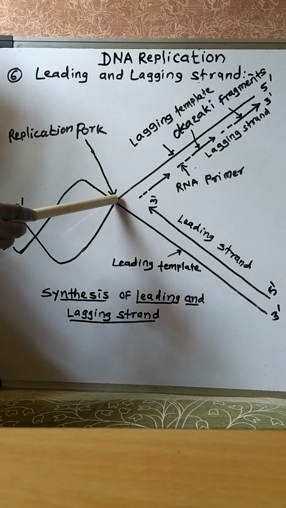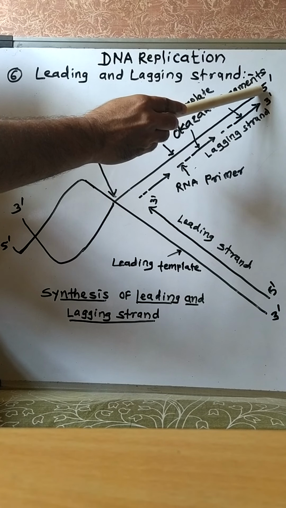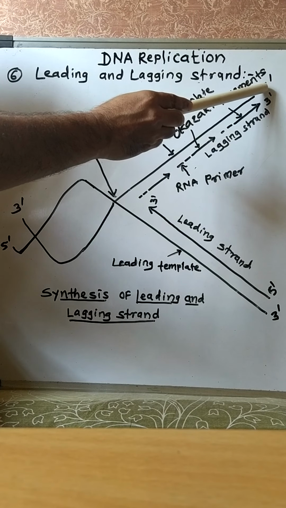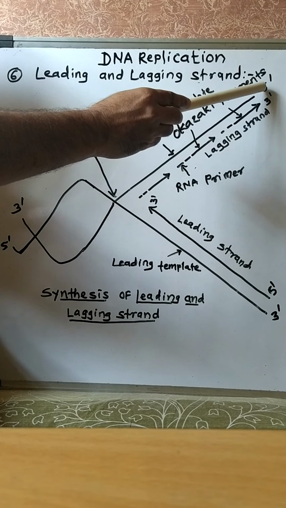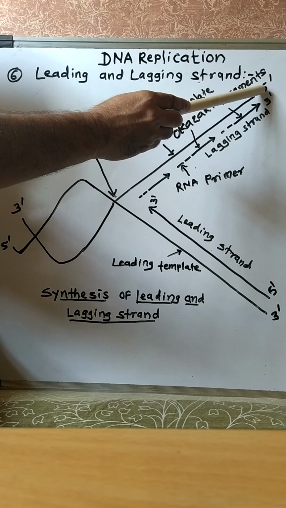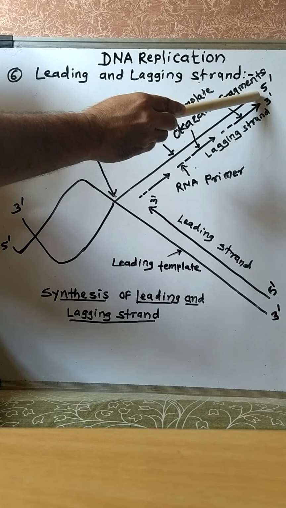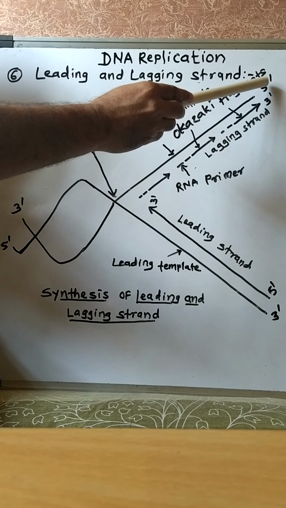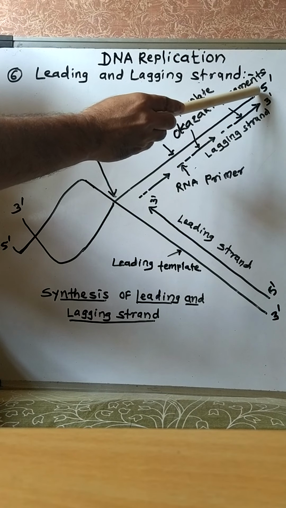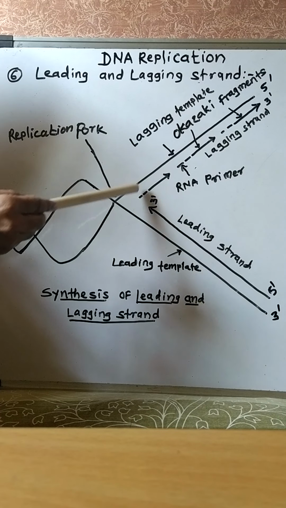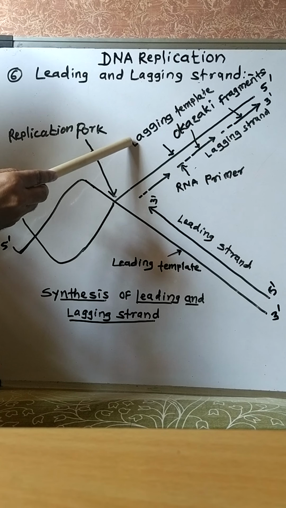And the template showing the free 5' end, that means a free OH group attached to the fifth carbon atom, is known as the 5' end. The template showing the free 5' end is called the lagging template.